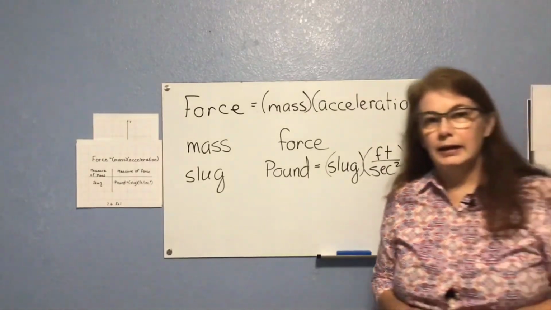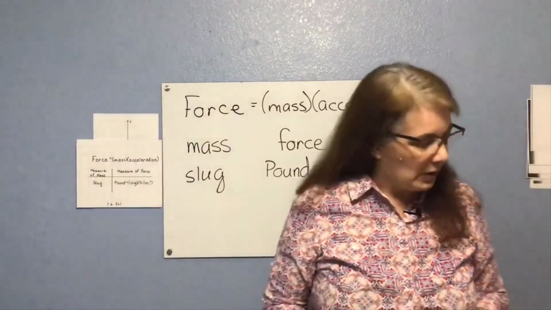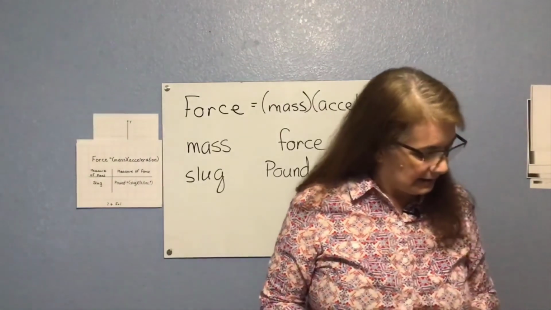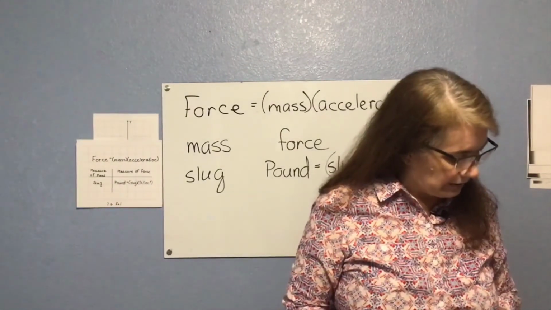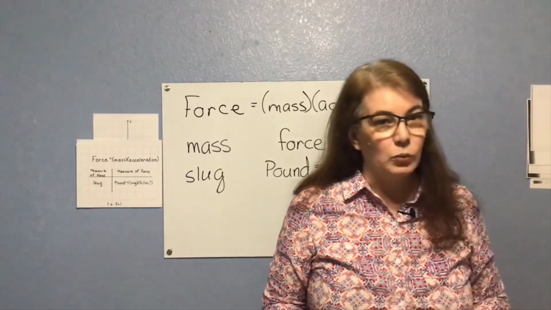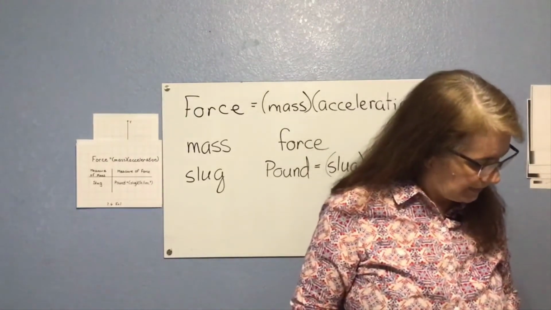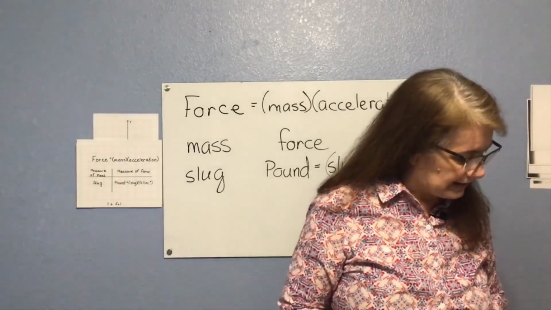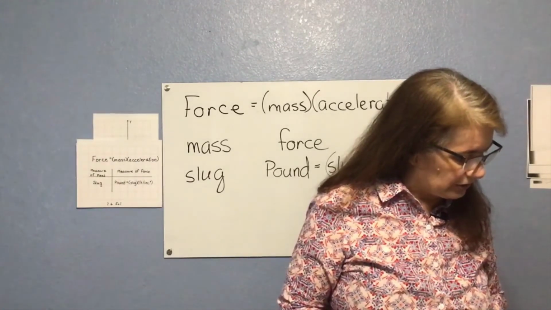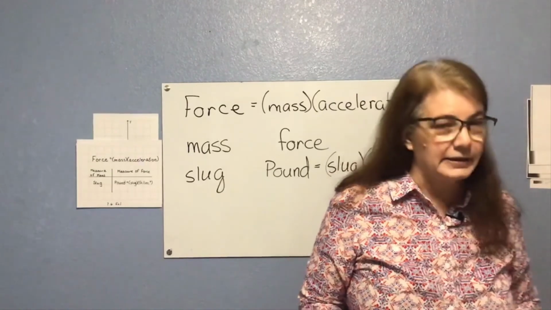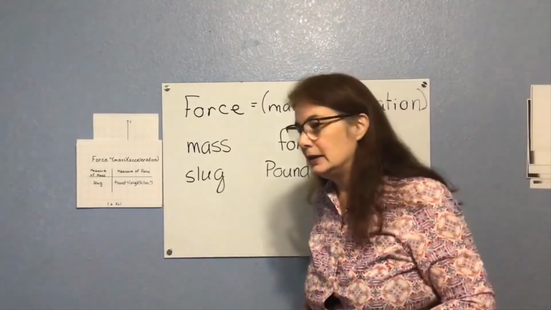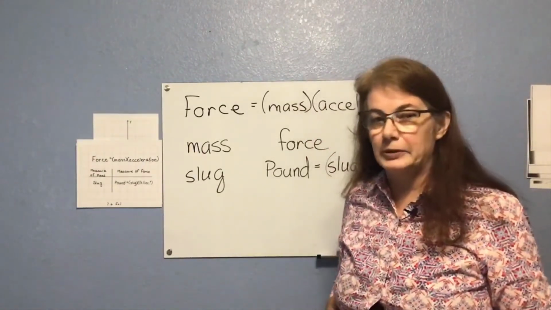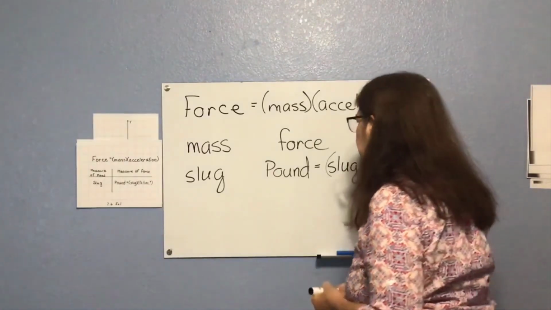Okay, in our first example, we want to calculate the mass in slugs of an object whose weight at sea level is 1 pound. Okay, in our United States system, we use 32 feet per second squared as the acceleration due to gravity. So this is a very basic problem. We just have to put the numbers where they belong.